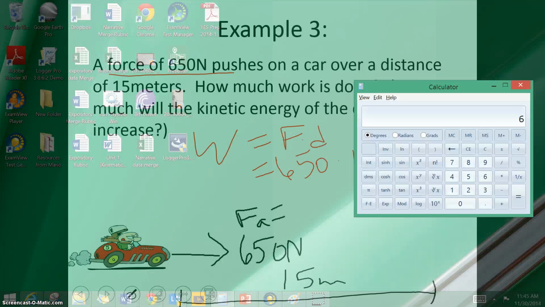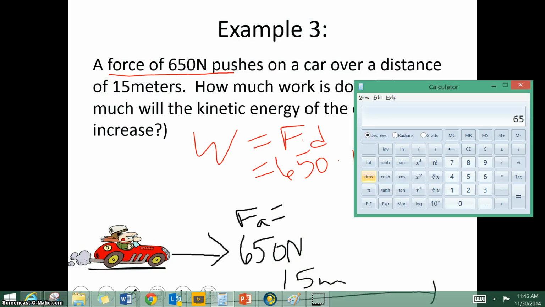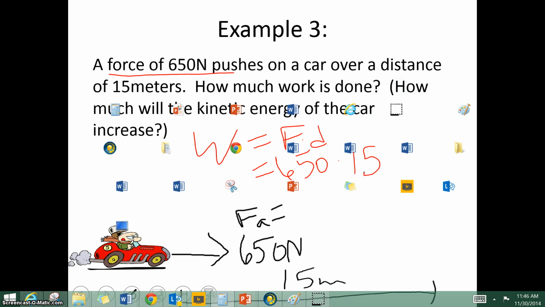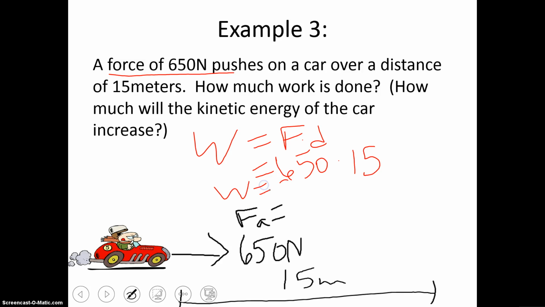Very straightforward question. Just multiply 650 times 15, 9,750. So the work done is 9,750 joules of work. And then the follow-up question, how much will the kinetic energy of the car increase?